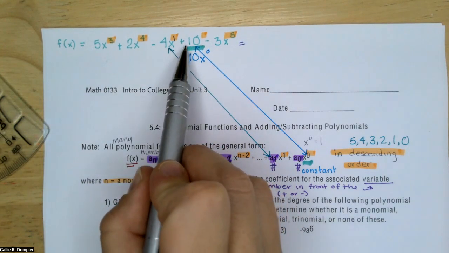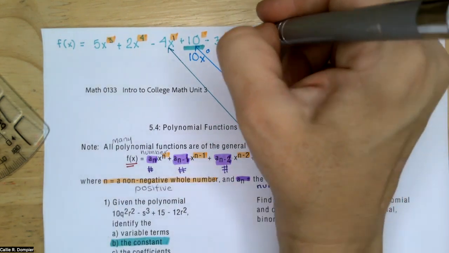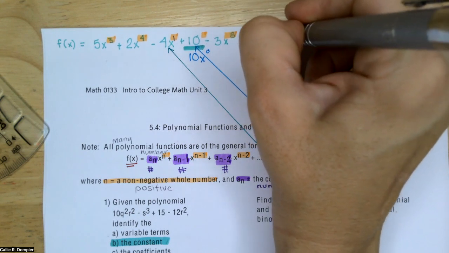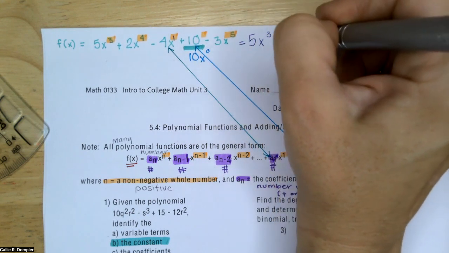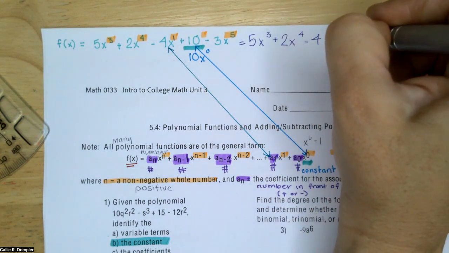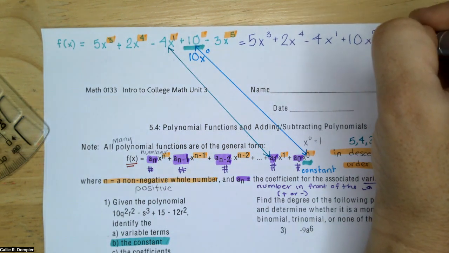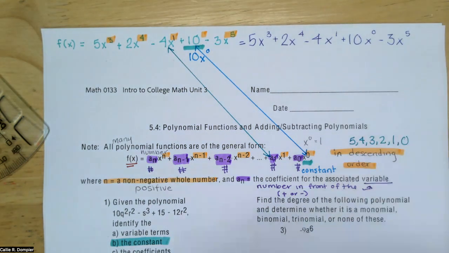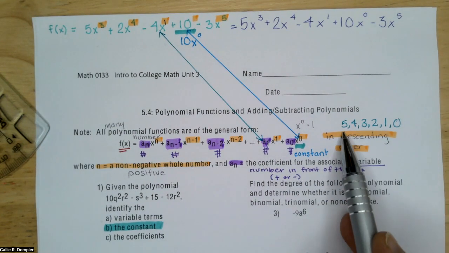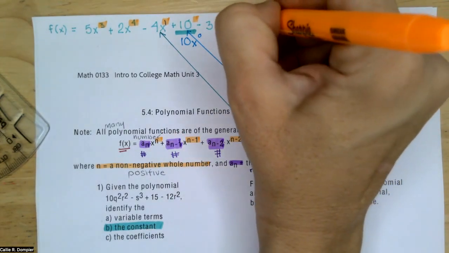You can leave it as a constant because we're more familiar with 10 than 10x to the power of 0, so that's fine. 5x to the 3rd plus 2x to the 4th minus 4x to the 1st plus 10x to the power of 0, minus 3x to the 5th. Okay? Now I'm going to rearrange them so that the exponents are in descending order.